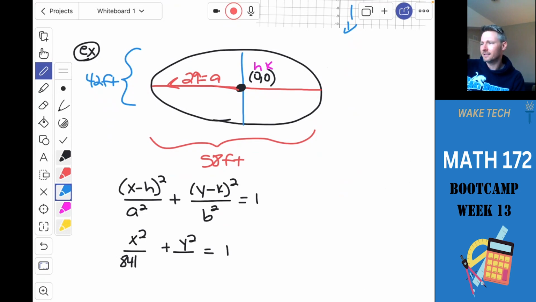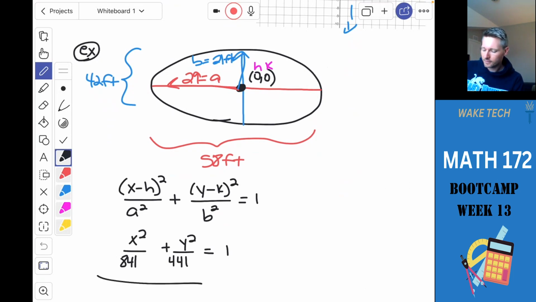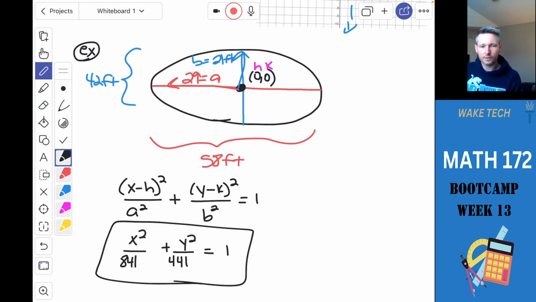Since the distance from the bottom to the top of the ellipse is 42, the distance from the center to the outside is 21. That tells us that b is equal to 21. And 21 squared is what goes in the equation. 21 squared is 441. So this is the equation of the pond.